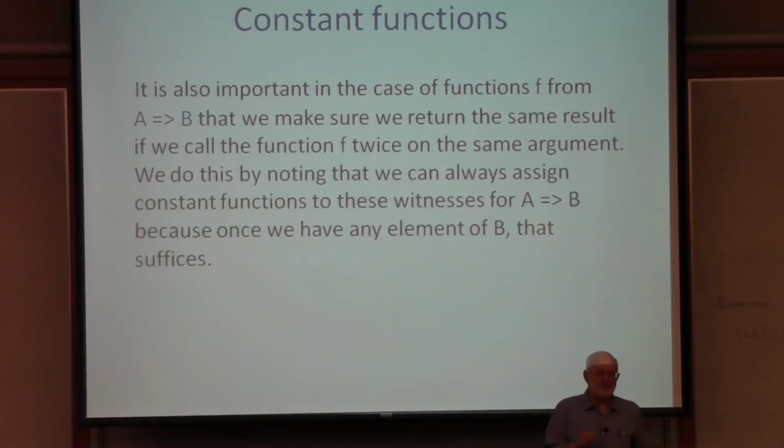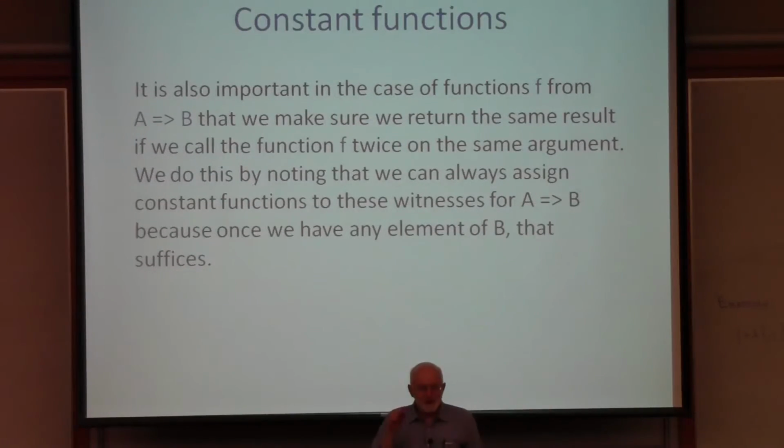And again, this started to drive us a little bonkers, but we realized you can do something really simple here. You can build a model where all the realizers for A implies B are constant functions. All they do is pick some element of A, and that's all they use. So that's another insight, and this is again uniformity.